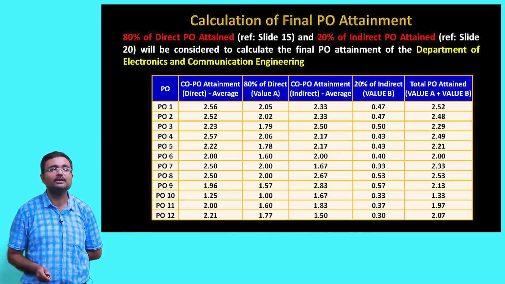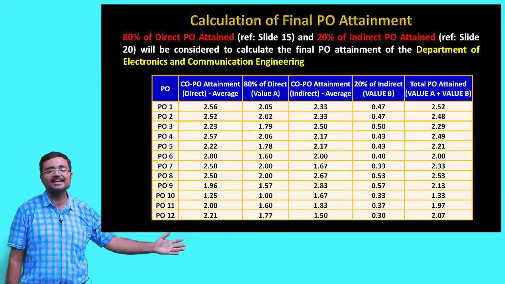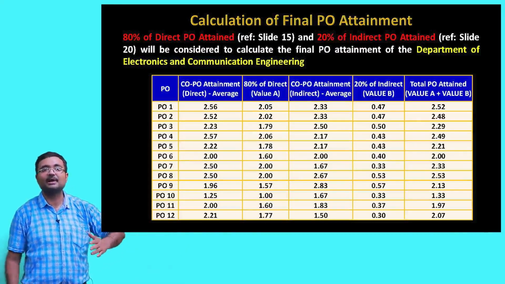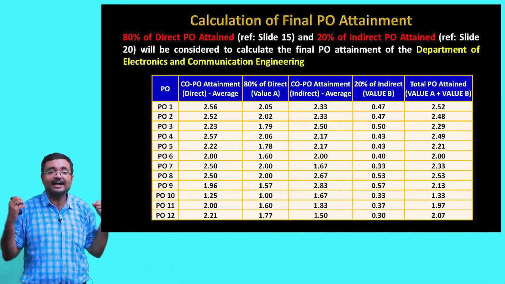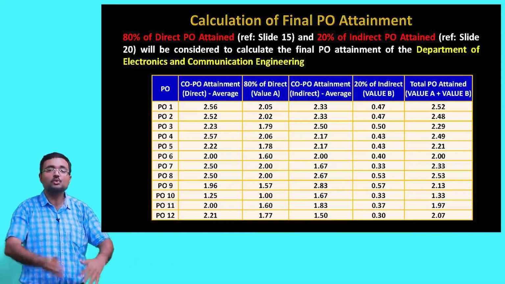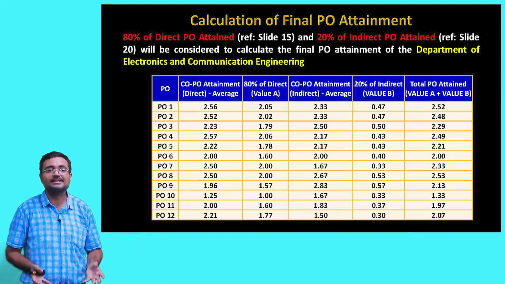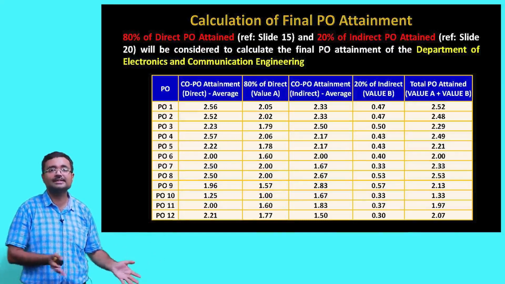That is, in PO10, which was communication skills, they have got 1.33. So direct attainment is about the marks, indirect attainment is about the perception. That is, yes, I have done this much, my student has done this much, students of this institute can do this much, and actual results show what they actually get.